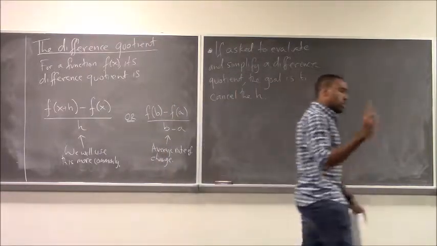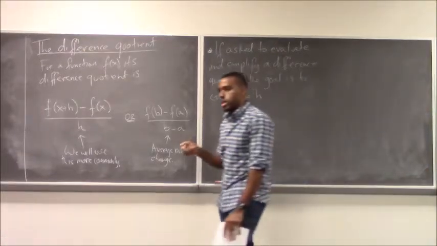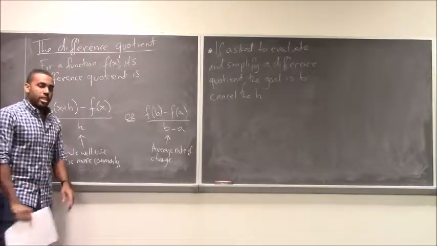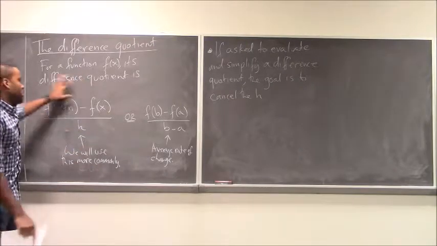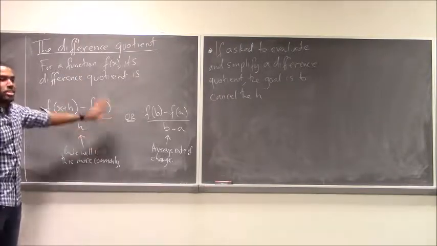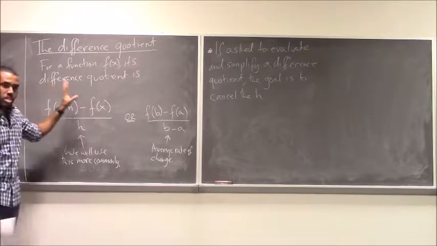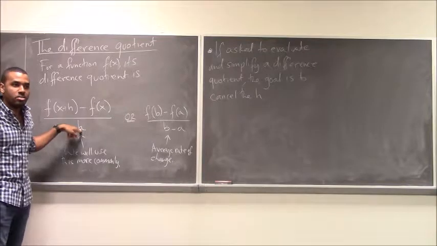I put a couple of problems about difference quotients on the quiz, and I said, simplify this. It is not considered simplified until you cancel this h. When I explain what this is and why it's important, you'll realize why. It's because at some point, in certain contexts, we're going to want to plug in h equals 0, and we cannot actually divide by 0.